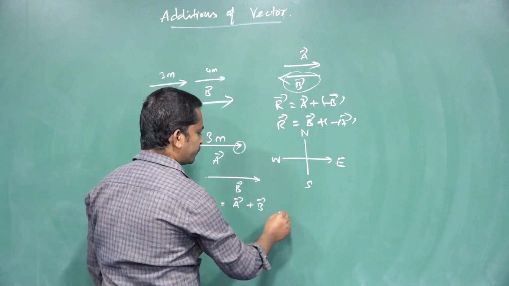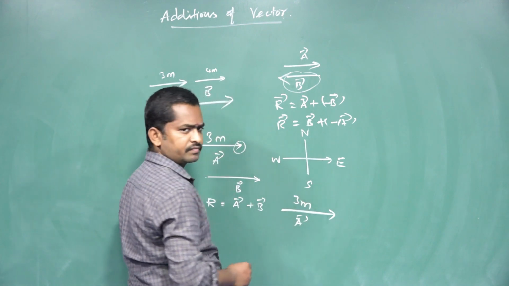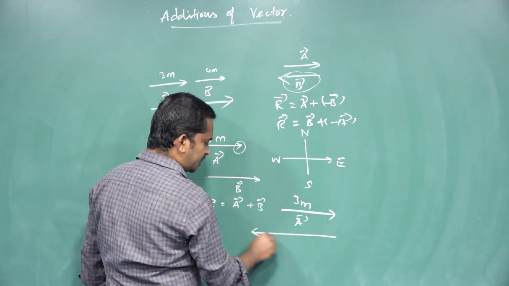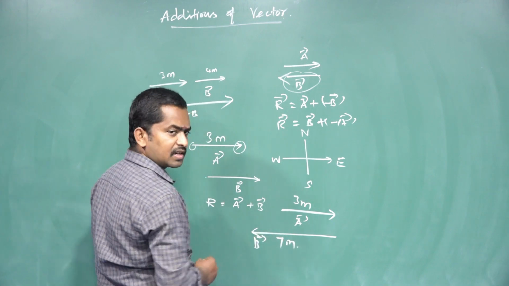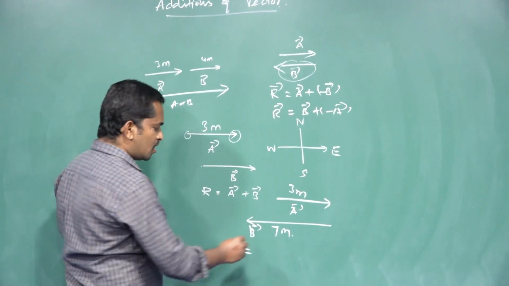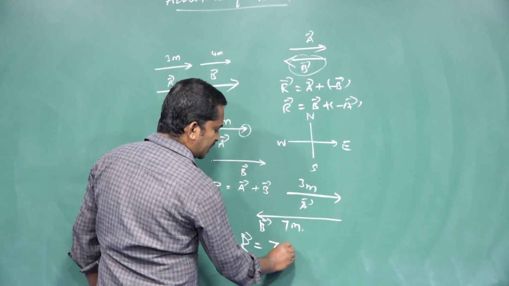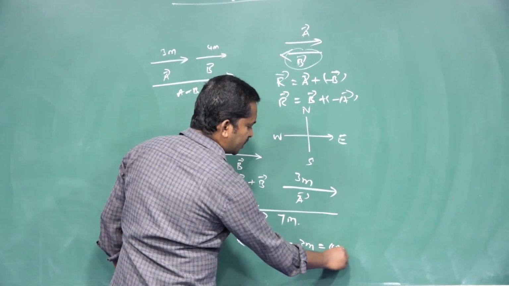For example, A vector is 3 meter, and another one, B vector, is 7 meter. What is the resultant vector? Resultant vector R is equal to 7 meter minus 3 meter, which is equal to 4 meter.